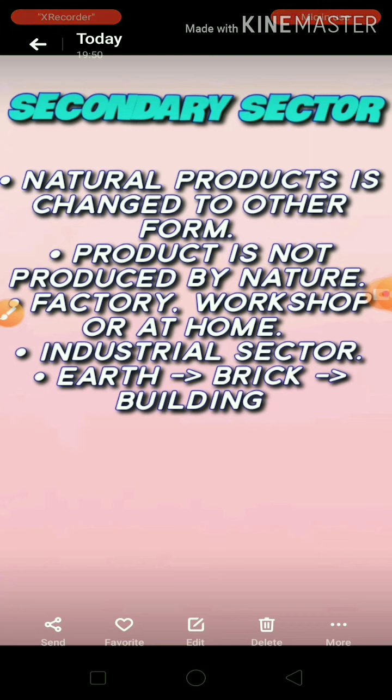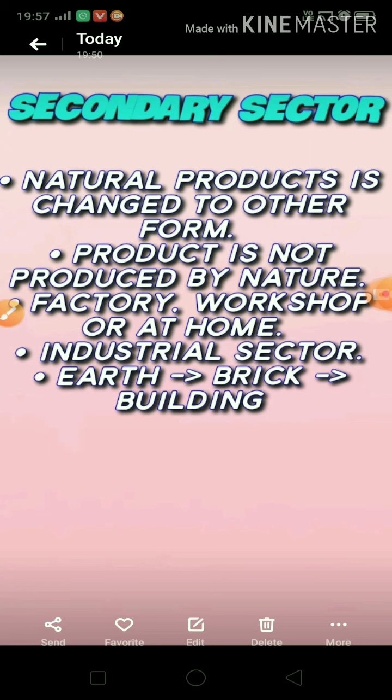It could be workshops, small factories, big factories, home-based works, or artisan workshops. All these are classified under the industrial sector. We also call the secondary sector the industrial sector.